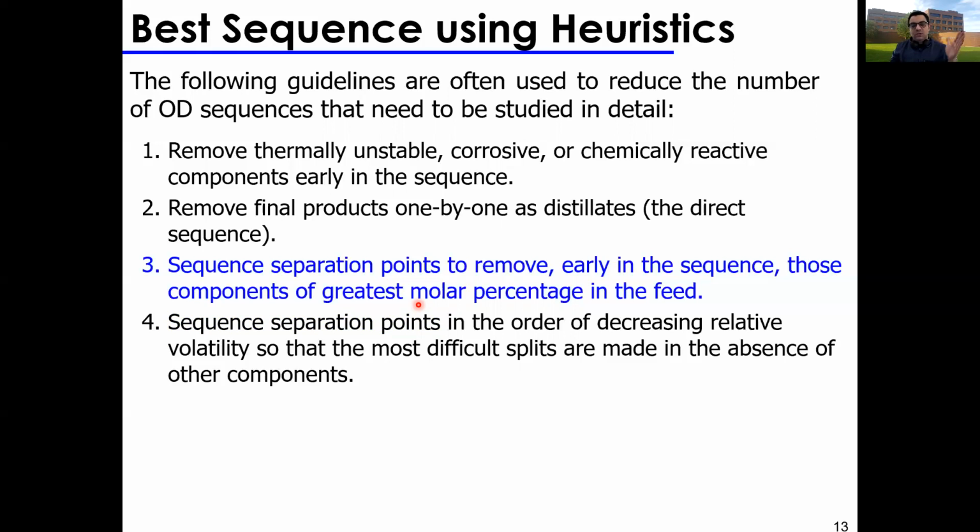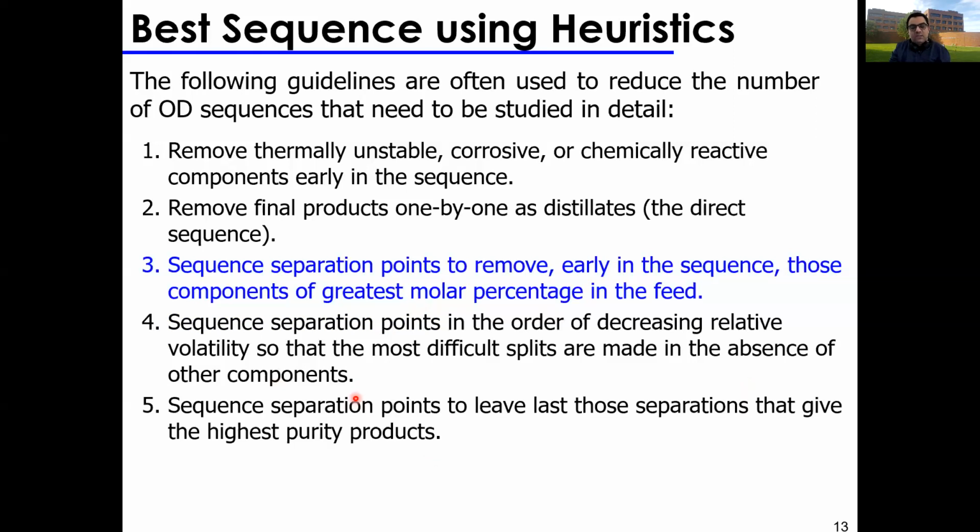So you do the separation of the components with the highest relative volatility first, and the more complex separations towards the end. If we have 2 components where the relative volatility is 1, for example, I want to leave these to the end, and then I can deal with them by themselves, maybe use another technology. Make your easiest separations first.